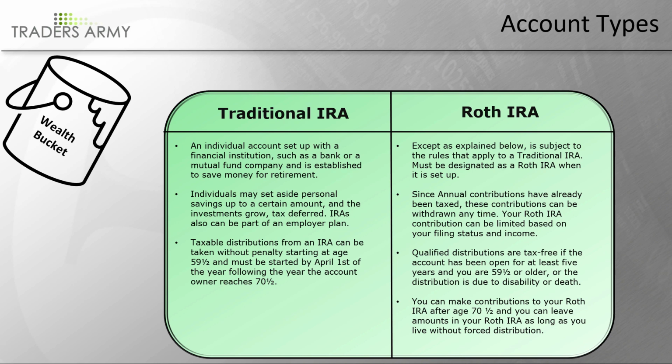So in a traditional IRA, if you put in $100,000 and it grows to $500,000, when you take the funds out, you'll be paying taxes on the full $500,000. In a Roth IRA, if you start with $100,000 and it goes to $500,000, the $100,000 that you start with will already have been taxed. So when you grow to $500,000, you will pay no taxes on the distributions, right?